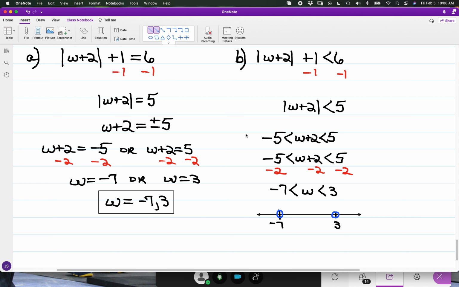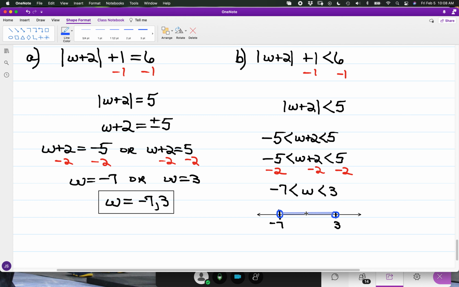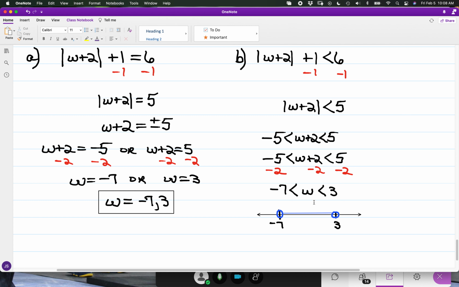And in the case of the solution set, it's going to be everything else that's going to make up the solution for what we have here. So basically for w, you have going from negative 6.999 all the way up to positive 2.999, but not including negative 7 or 3.